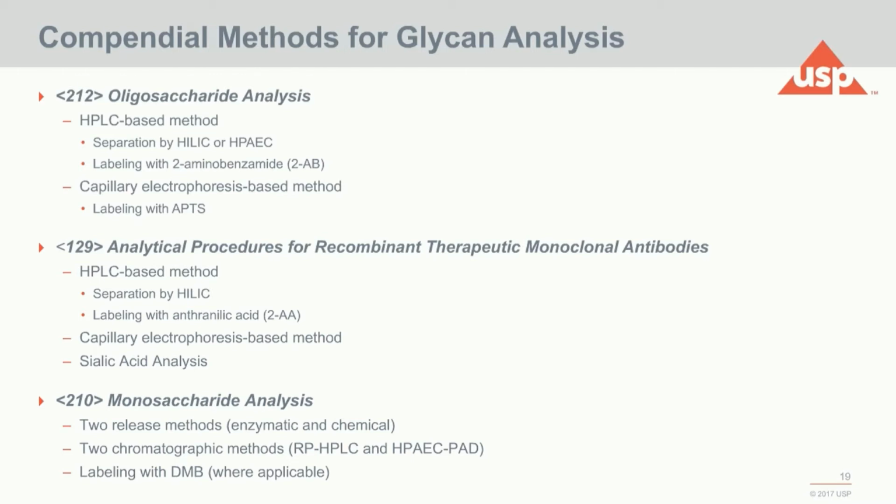And then Chapter 210 looks at the glycans at the monosaccharide level. This is really focused on quantitation of sialic acid, so N-acetylneuraminic acid or N-glycolylneuraminic acid. There are two different release methods and two different chromatographic methods, along with the labeling procedure for DMB where required.